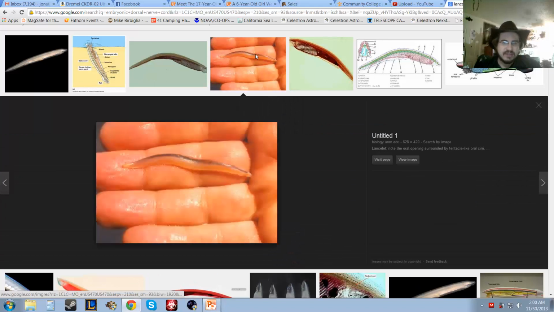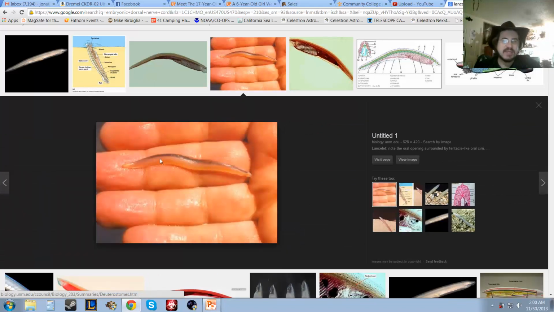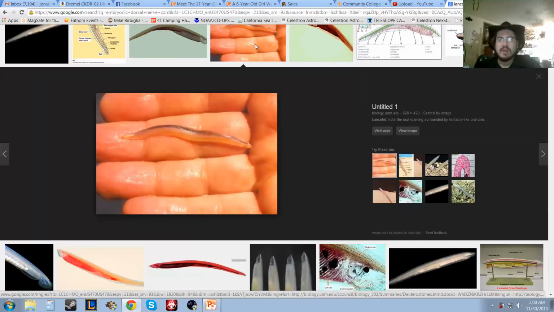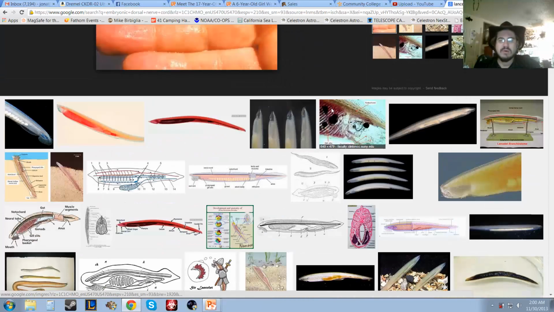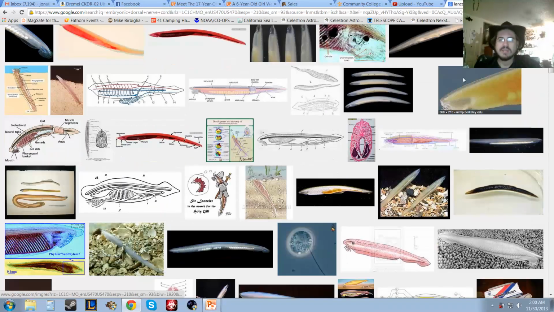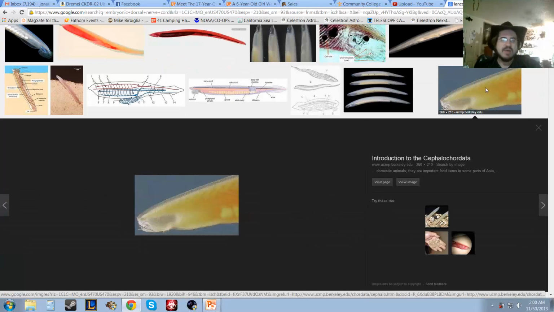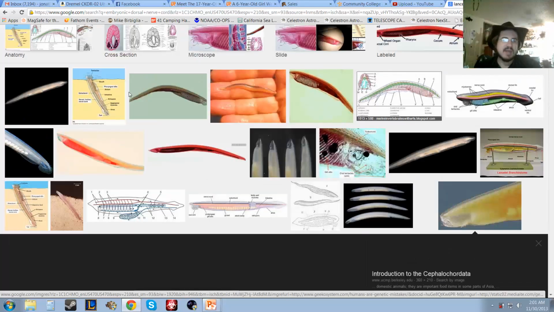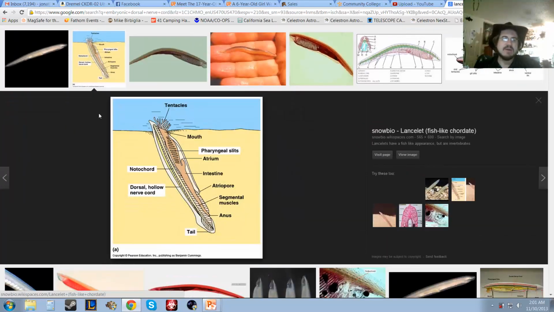There's another lancelet, and here's a lancelet in somebody's hand. So they're all sorts of adorable, and they share a common ancestor with us, much more closely related to us than, say, an echinoderm, a starfish, or an arthropod. So that's kind of neat. So that's a lancelet.